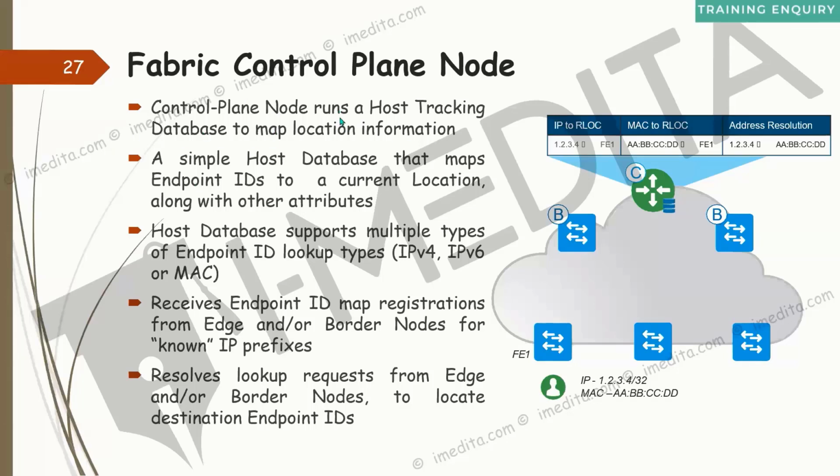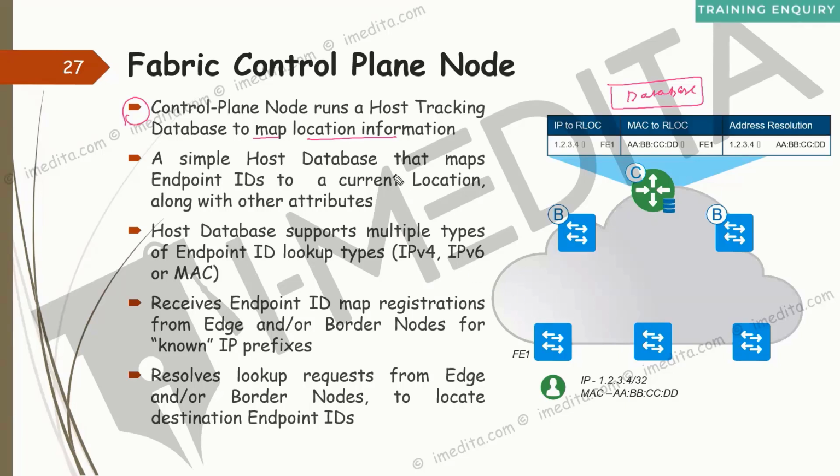So the control plane node in our SDA Fabric keeps a database. It runs a host tracking database. It basically maps the location information. That database is going to map the endpoint ID to RLOC mapping.